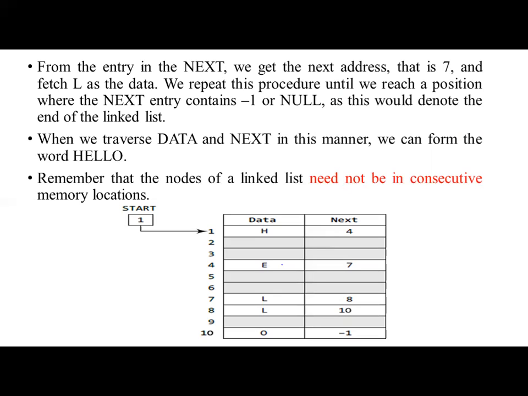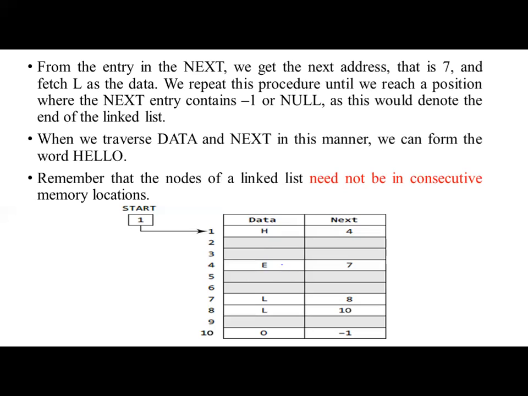I told you start is a special pointer which stores the address of the first element in the linked list. Which is my first element? 1. So this 1 is stored in the pointer variable start. The first node contains the data H. After the first data, the second data is stored in the fourth location.